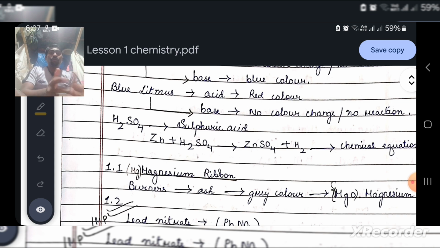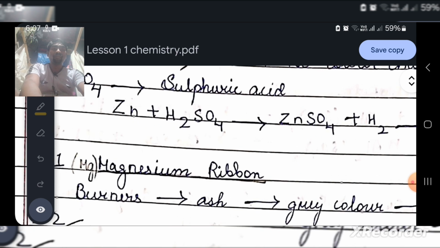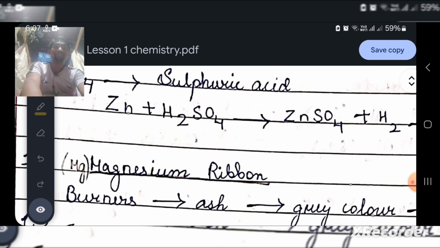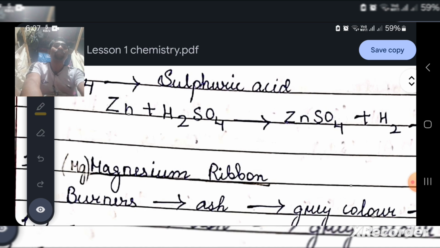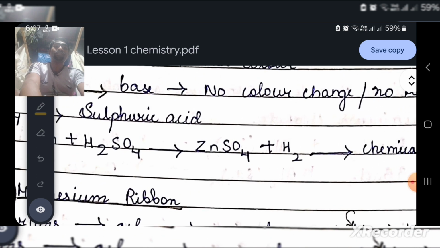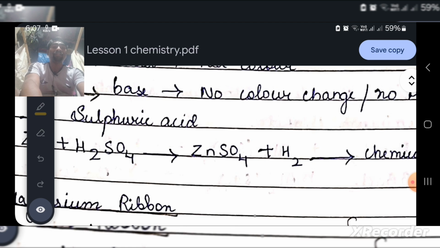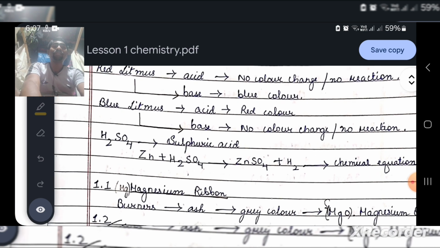But when we put it in the equation, we put a plus sign mixing these two things, meaning adding. Zinc is added to sulfuric acid, and the arrow sign shows the forward reaction. Then it gives zinc sulfate, ZnSO4, plus H2, hydrogen. This was the chemical equation.